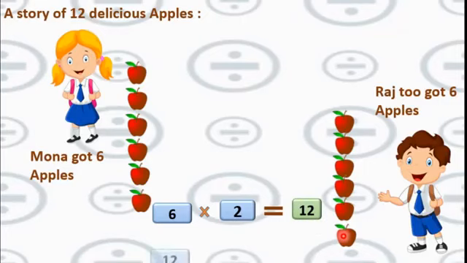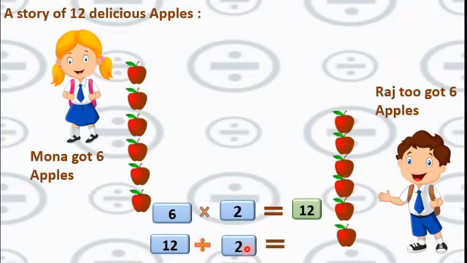Correct? Here again we can see 12 divided by 2 I will do. You know that earlier we did like this. We divided total number of objects by number of students. Correct? Like that only here also I am going to divide total number of apples by total number of students.